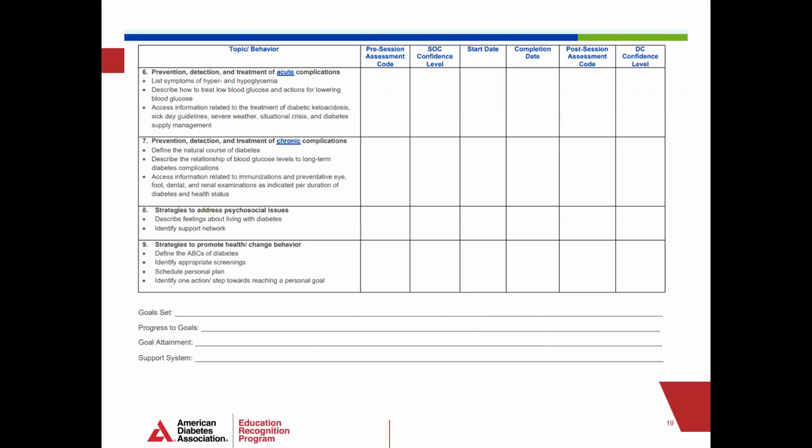What I would like to point to your attention is make sure that the goals that you set are very clear. It's a patient goal. So goals set by the patient, progress to the goals, goal attainment, and support system. Very important that it's a goal that is set by the person with diabetes and not by us. That goal might be, for example, in our case, in home health, a lot of goals are, I don't want to fall anymore.